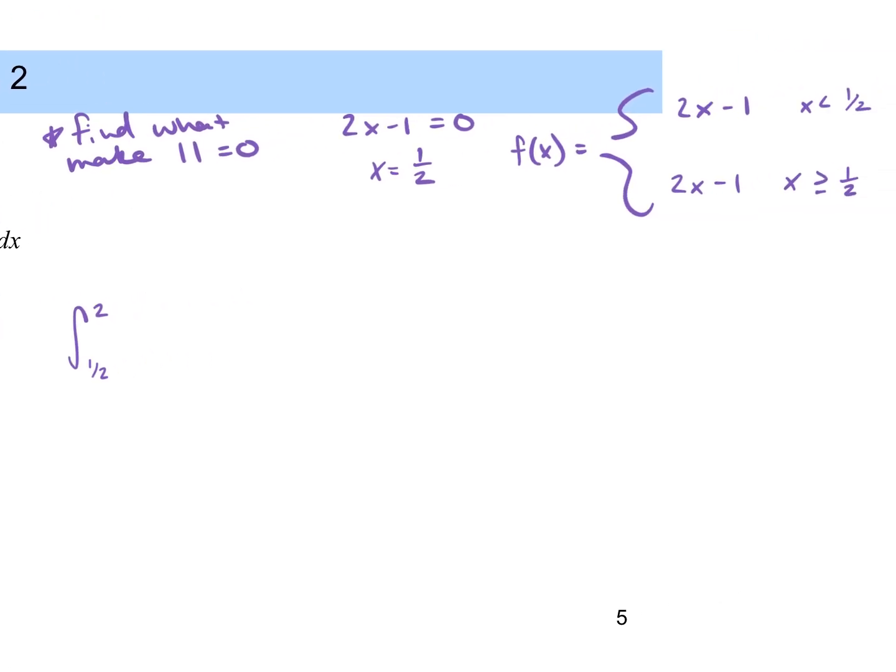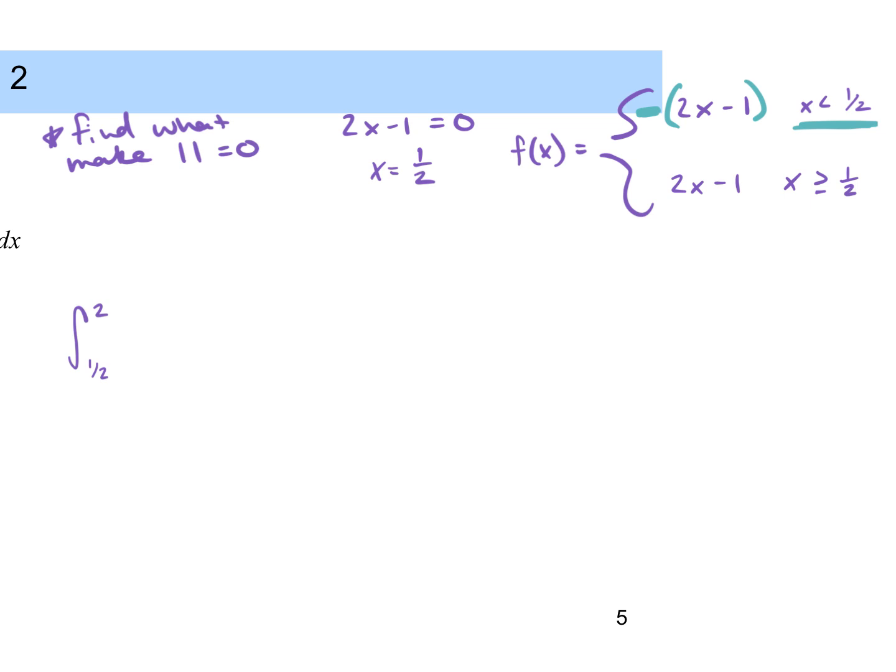So where my values are negative, I have to change the sign. So when my function here ends up being negative, which is when it's less than 1/2, the sign changes. So I'm going to multiply this part of my function by a negative. So half of your function's going to be multiplied by a negative, the other half stays the same.